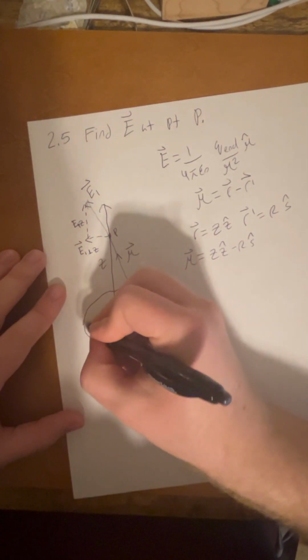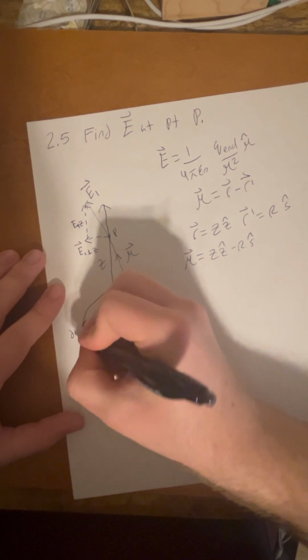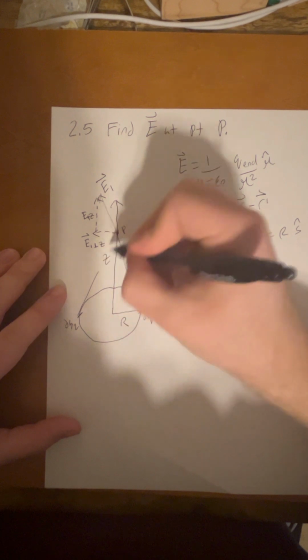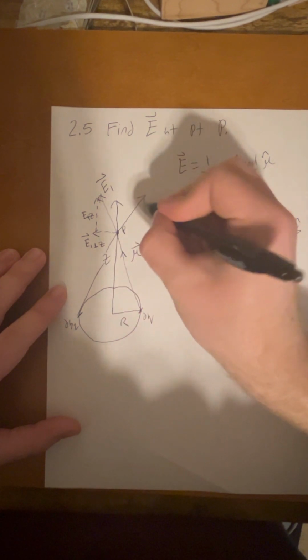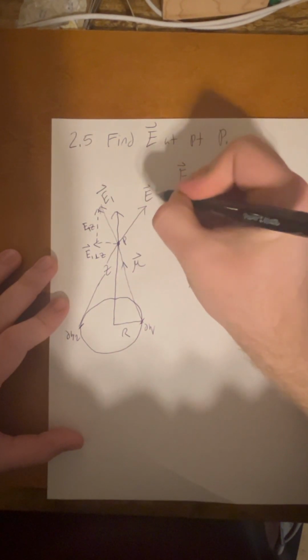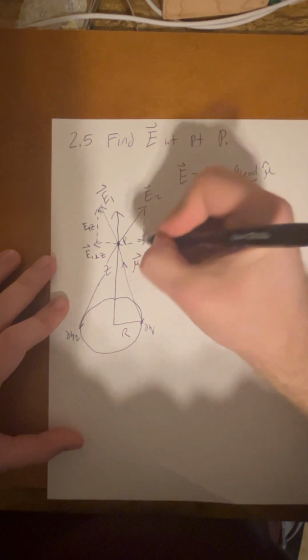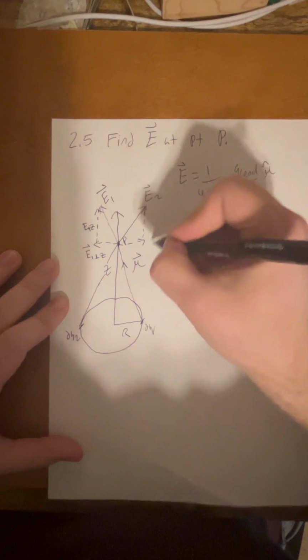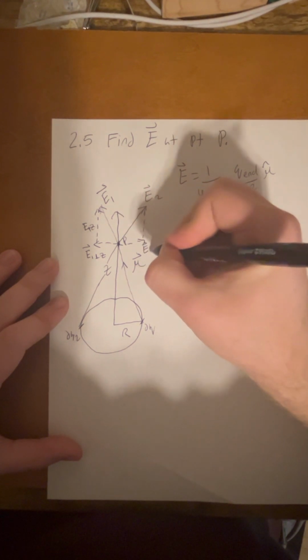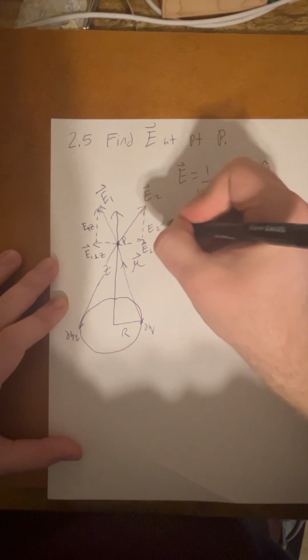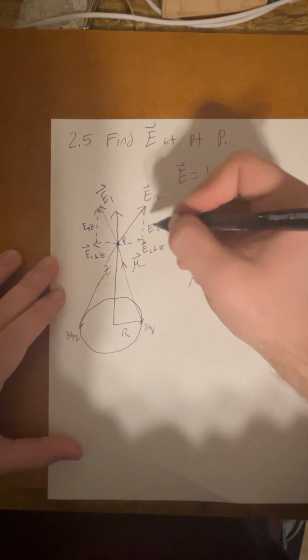Now, if we come to the other side of the ring, and we'll call this element dQ2, and we do the same thing, we'll draw out our electric field. We're going to call this one E2. We will break this into components as so. Now this bottom one is going to be E2 perpendicular to z, and then we have E2z on this side.